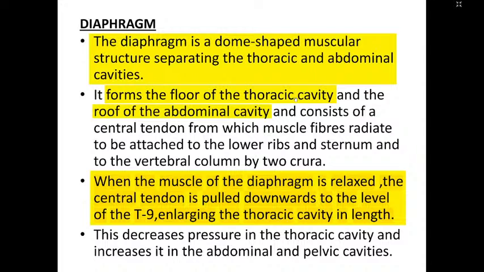There is a central tendon from which the muscle fibers radiate out to be attached to the lower ribs, to the sternum, to the vertebrae, in the form of two crurae. And when the muscles of the diaphragm contract, the central tendon is pulled downwards to the level of T9, enlarging the thoracic cavity in length.